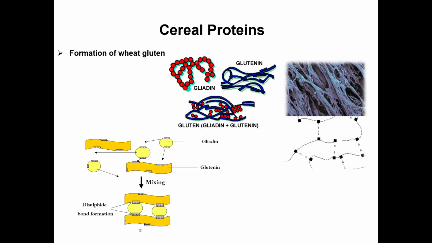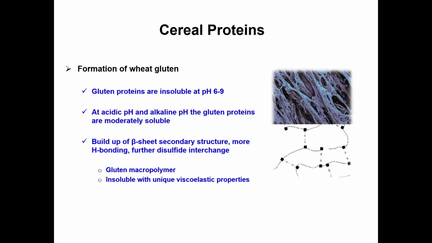And then the gliadins and glutenins interact and cross-link. So beta sheet formation is of utmost importance for the formation of gluten. Because all of these glutamines in the gluten proteins form hydrogen bonds, mostly beta sheets, allowing disulfide interchange to happen.